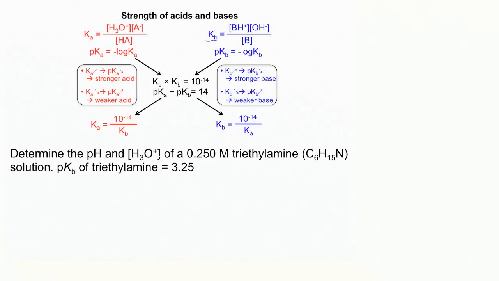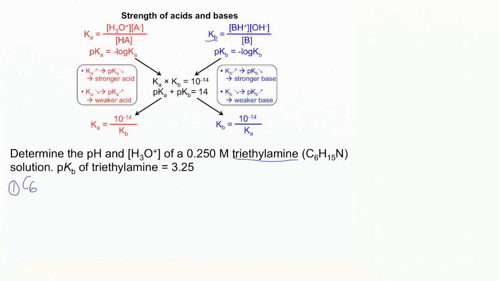Calculate the pH and hydronium concentration of 0.250 mole per liter of triethylamine solution. Triethylamine is a weak base. Okay, pKb of triethylamine is 3.25. Now the first step is you have to write down the equilibrium equation for triethylamine.